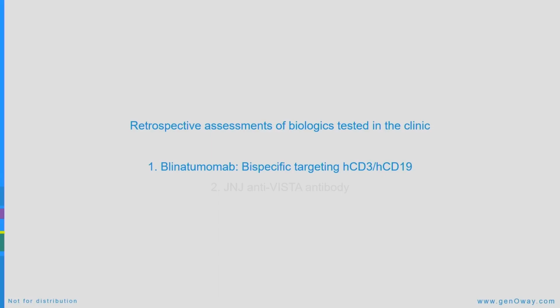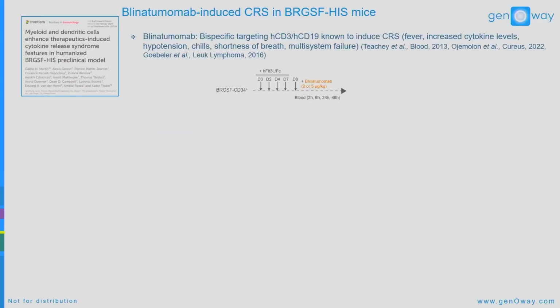Then we decided to take compounds that went into the clinic and see how they activate the immune system in this system. So we took a compound called Blincyto, which targets both CD3 and CD19. It's a bispecific. This bispecific, when used in the clinic, resulted in cytokine release, and we used exactly the same protocol as previously.